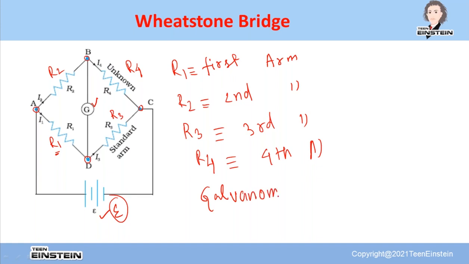Now we have B and D. Between B and D, there is a device called a galvanometer. This we will learn again in our fourth chapter, construction of galvanometer.